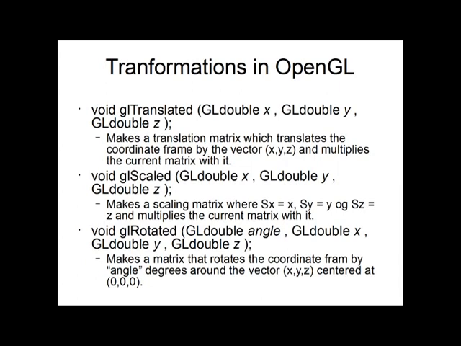So the basic rotations we can get by putting in either 1, 0, 0, or 0, 1, 0, or 0, 0, 1, but we can also put in any arbitrary vector there. And OpenGL simply uses a specific type of matrix that rotates around an arbitrary vector. The other ones are fairly simple. It's simply the x, y, and z factors on either the scale or the translation that are the variables.